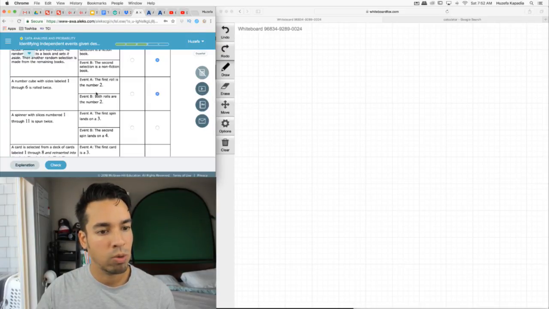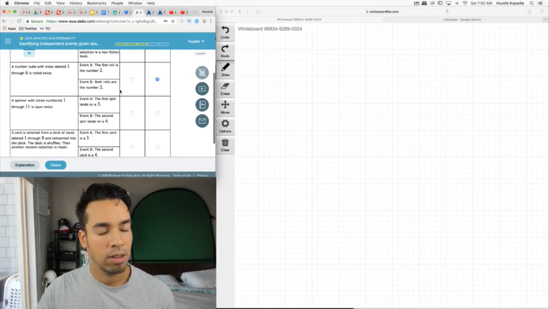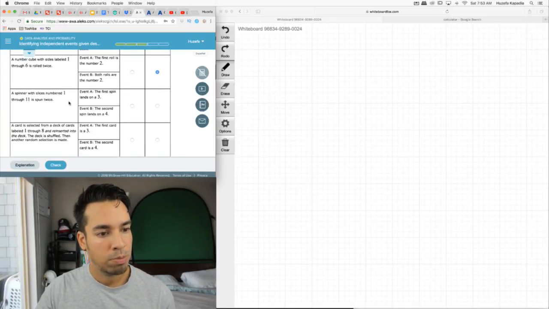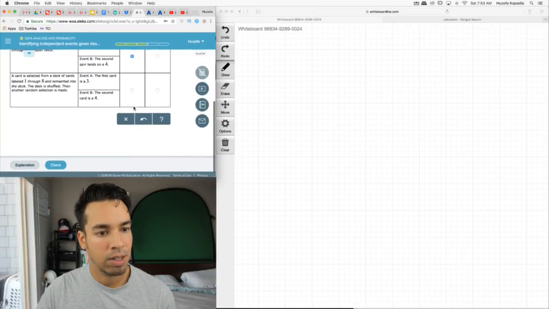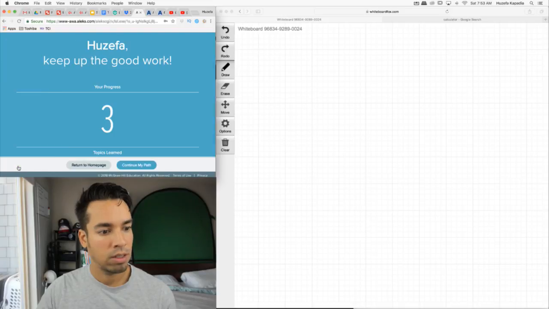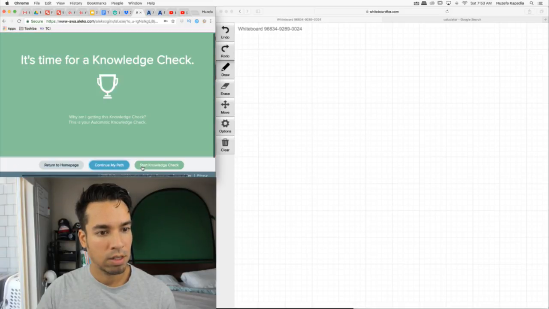When we hear that both rolls language, the first one is part of that second set, so they're dependent. A spinner with slices numbered 1 through 11 is spun twice. These are independent spins. They're independent events. And reinserted, meaning replaced, therefore independent. All right, done. Next topic.